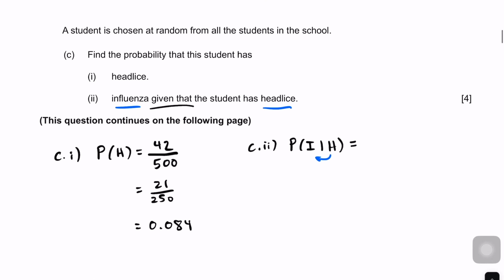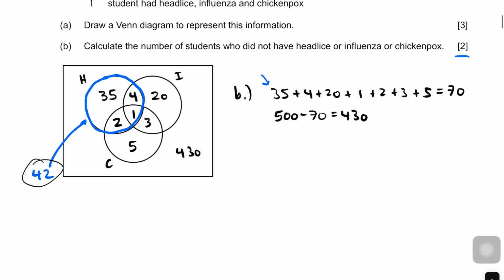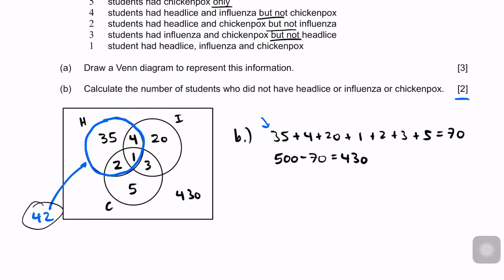So given that a student has head lice, we've got those 42 students, and we've asked them to come forward in a way. Out of these 42 students, how many of them have influenza? Let's look back to this section right here. These are the students, this 4 and this 1.